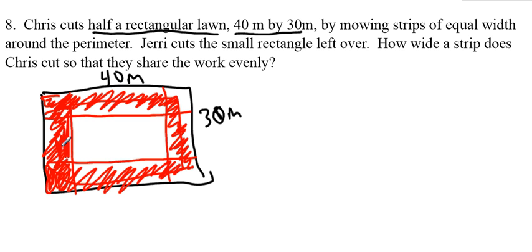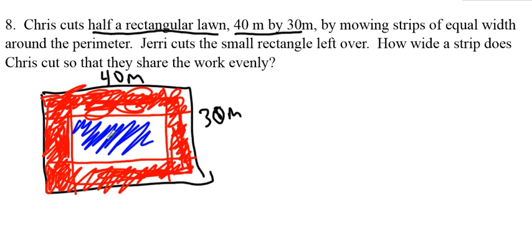And he's going to end up cutting this weird sort of not quite regular shape. So he's going to cut all that red area away. And what's left over is this inside area, a nice rectangle, and that inside area is for Jerry. So Chris cuts a weird looking shape. It ends up being effectively the perimeter of a rectangle, and Jerry gets the little rectangle left over.